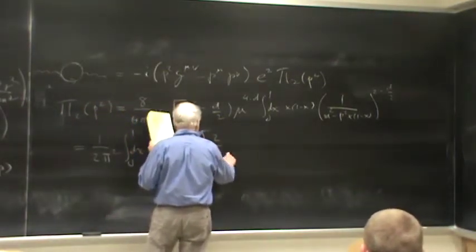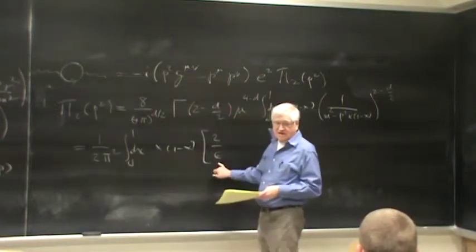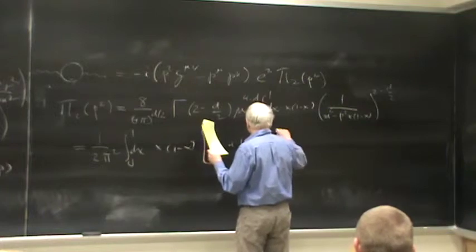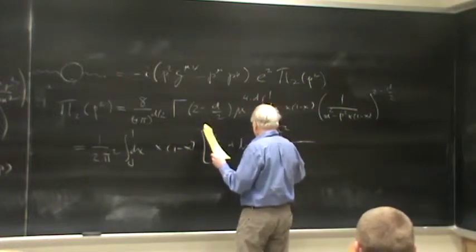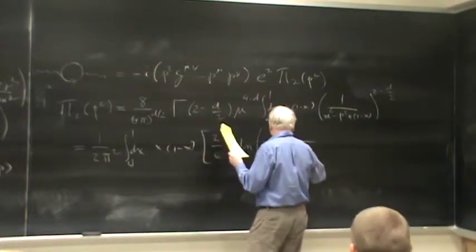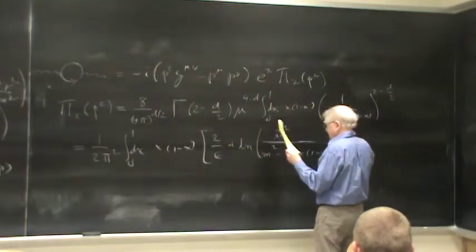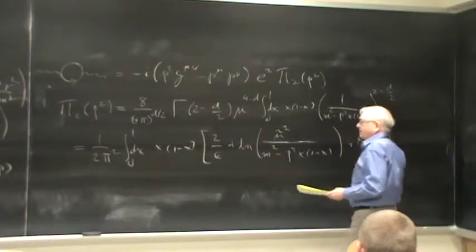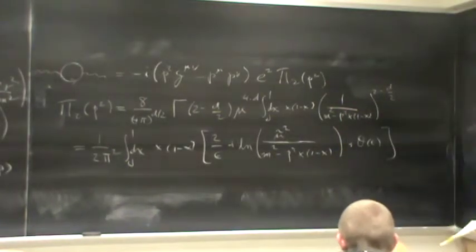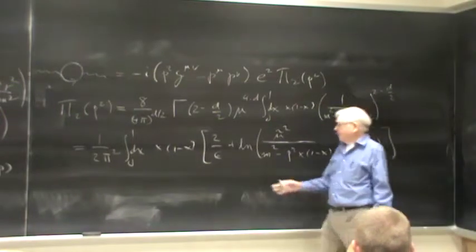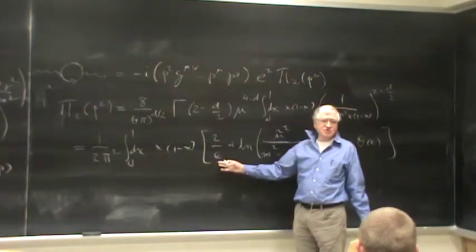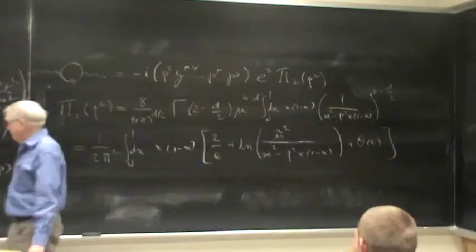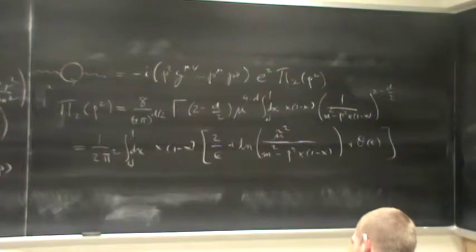We get 2 over epsilon, plus log mu tilde squared over m squared minus p squared x, 1 minus x, plus order epsilon. Okay, so that's what pi 2 of p squared is. And we want to cancel this term, which is of order 1 over epsilon. And we'll do that by using this term.